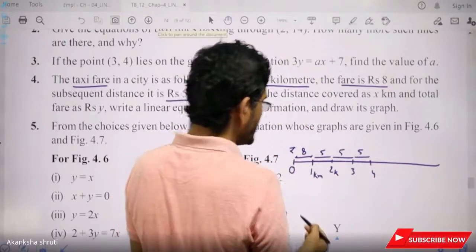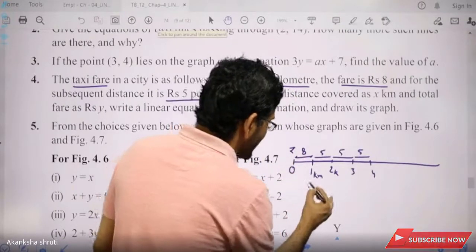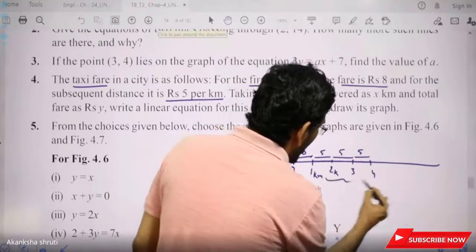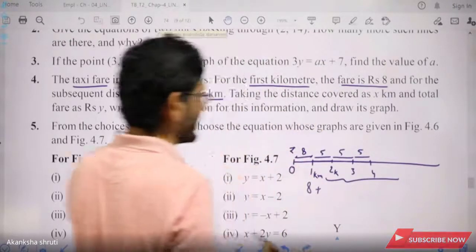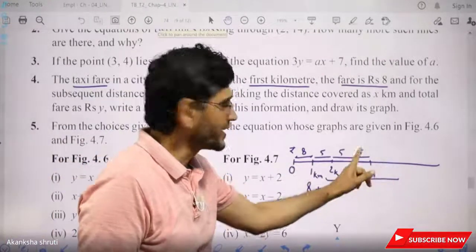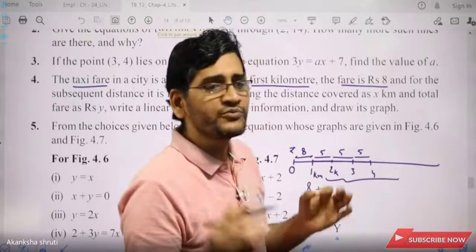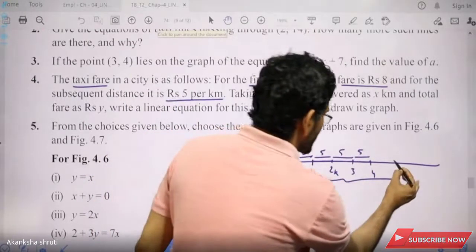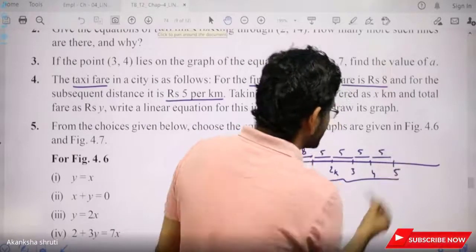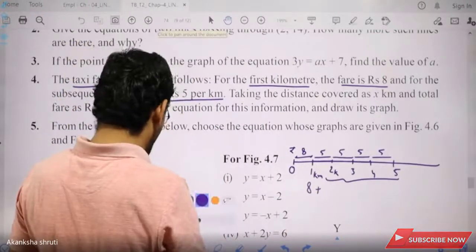Okay, students. So what are we getting? It has a fixed cost of ₹8. Then afterward, however many kilometers you are moving, that many kilometers multiplied by 5. Say you are moving for 5 kilometers. How much cost do you need to pay?